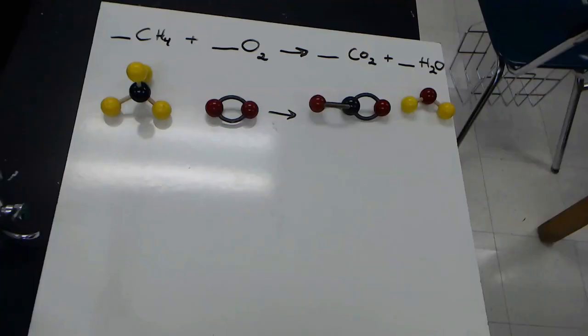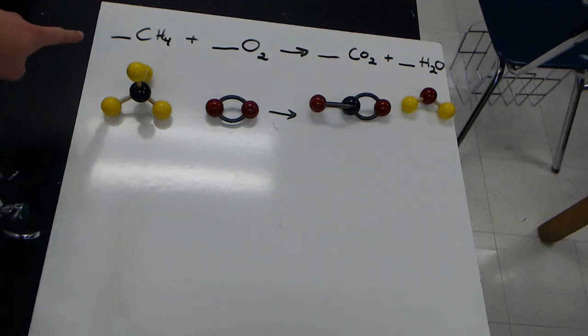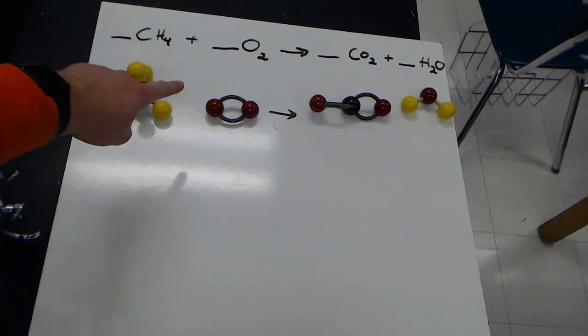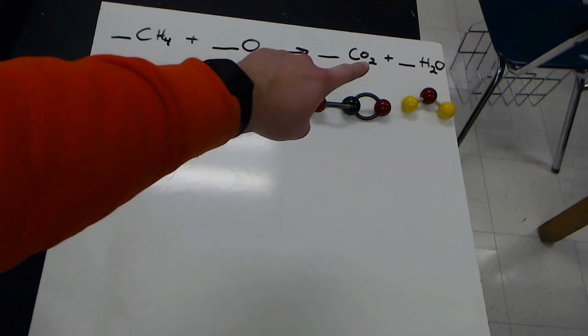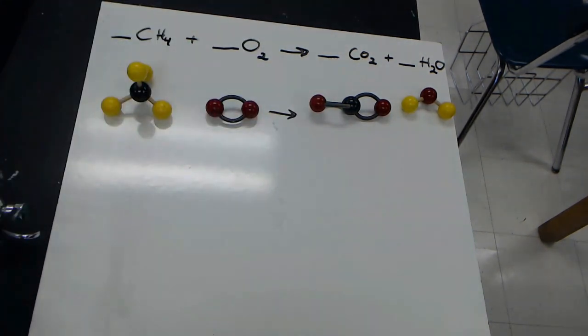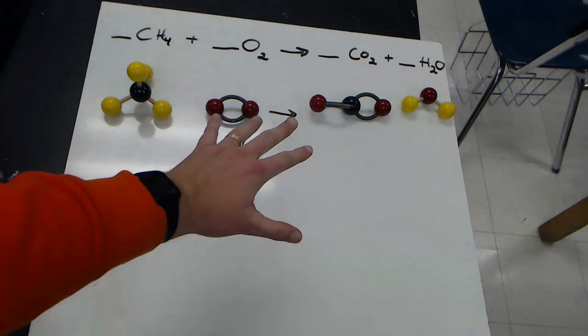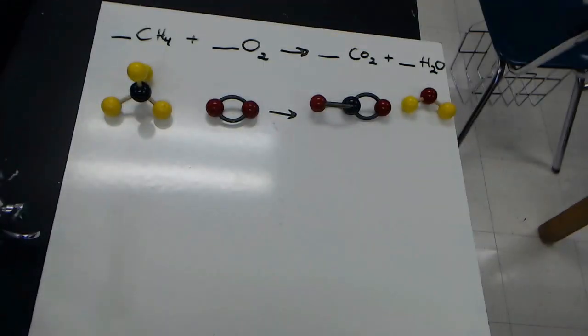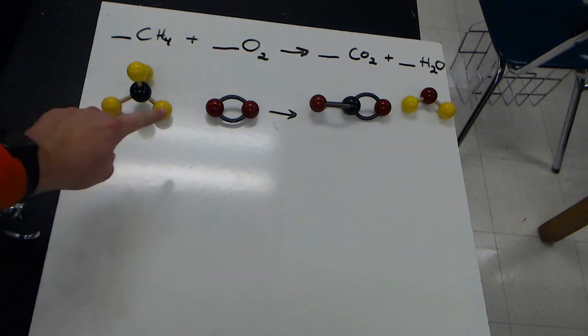Here we go. I have a sample balancing problem up over here. We got CH4 plus O2 gives you CO2 and H2O. And I made each one of those chemicals over here. The colors represent a certain element.